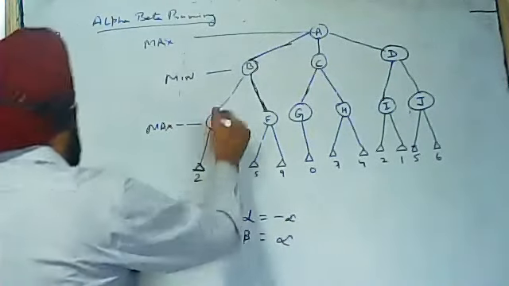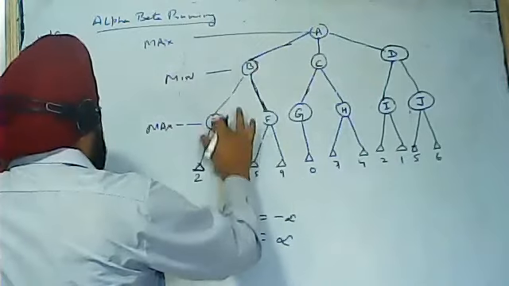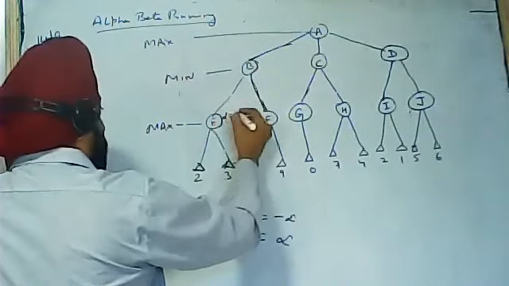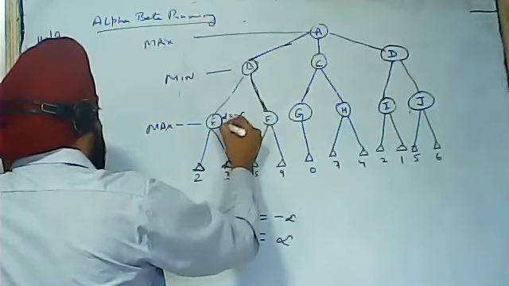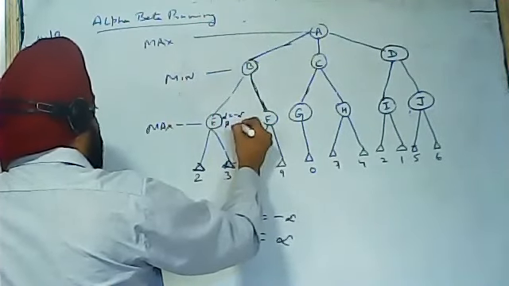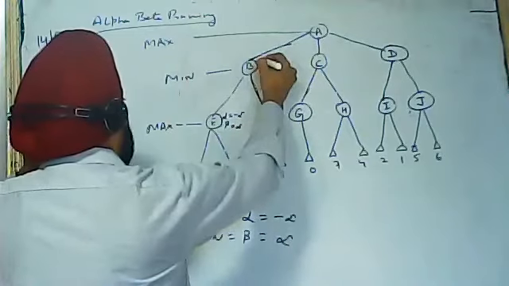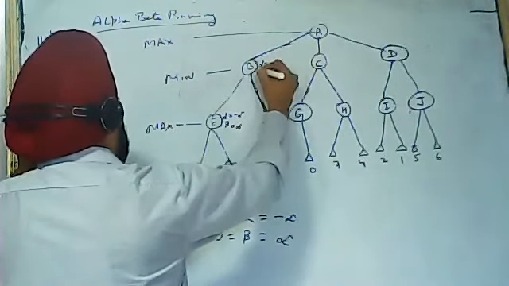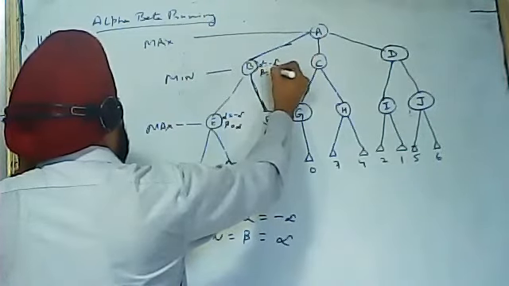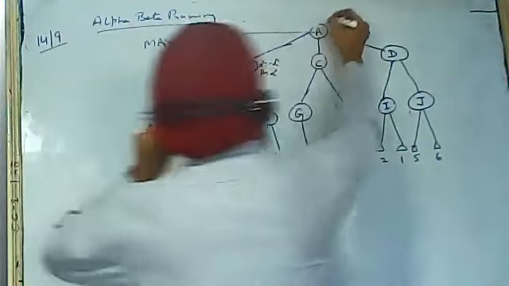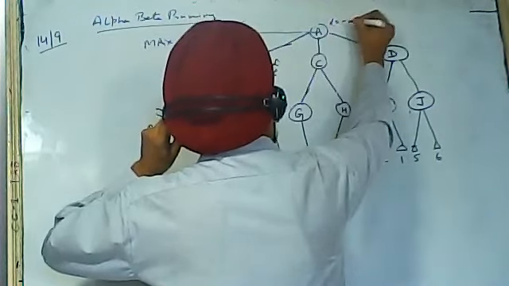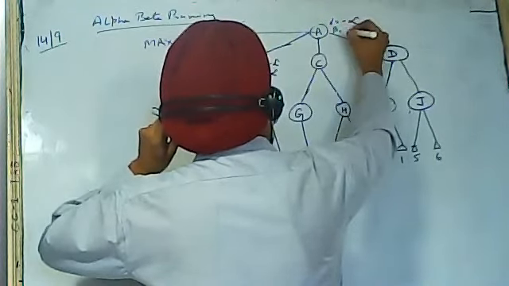So here you give this value, alpha is equal to minus infinity, beta is equal to infinity. You can write for all the nodes, alpha is minus infinity, beta is infinity. Here also you can write alpha is equal to minus infinity and beta is infinity.